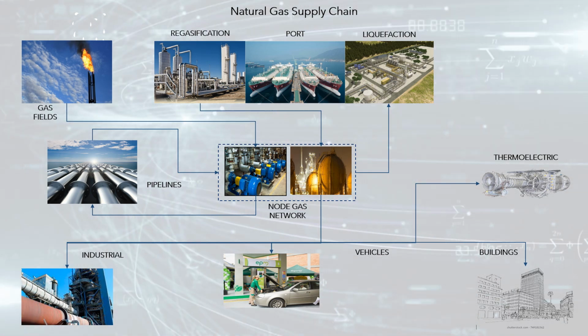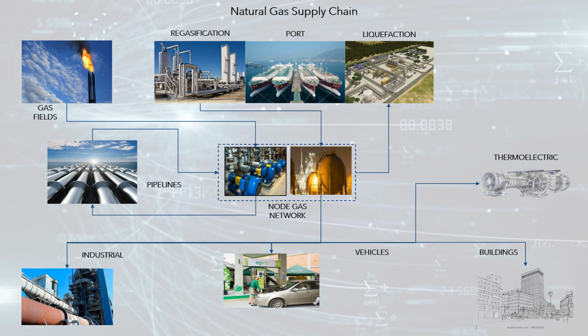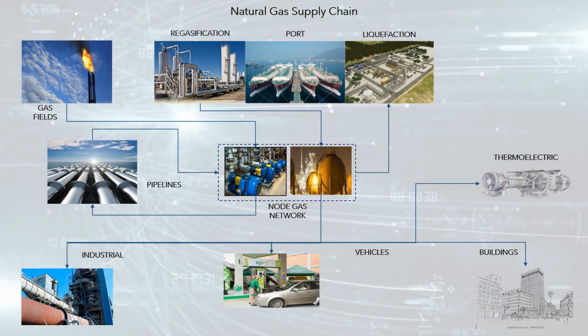Connectivity between the electricity and gas sectors occurs through the demand for natural gas for use in thermal plants, and the substitution of demand that can occur between gas and electricity.